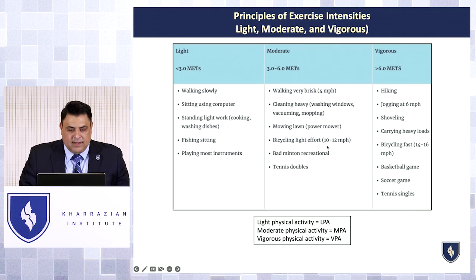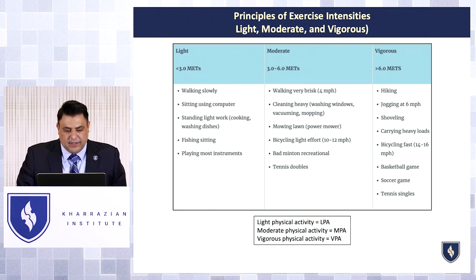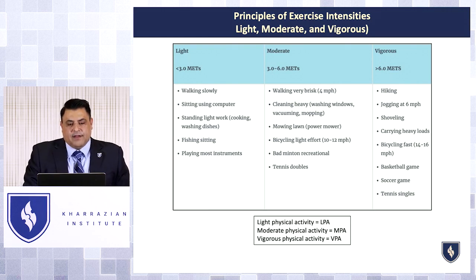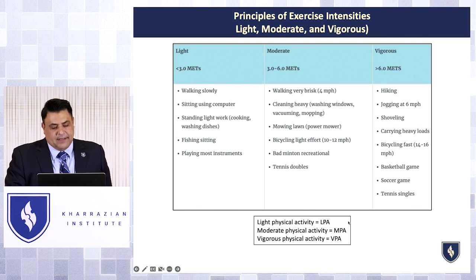Okay. And then when you're looking at principles of exercise intensities, you can look at studies where they do not look at VO2 max, but classify exercise by light physical activity, which is walking slowly, sitting using a computer, standing in light work, fishing sitting, playing most instruments.